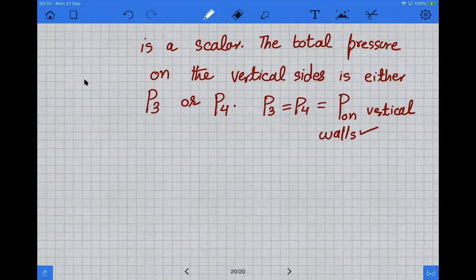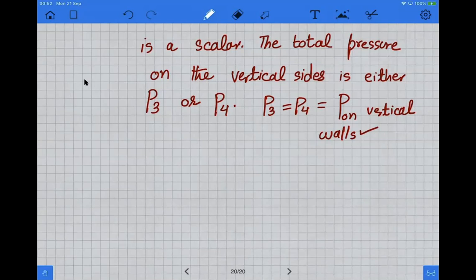P3 and P4, which are acting on the vertical walls, and the pressure that is acting horizontally will be equal, and you can call it P. So total pressure on the vertical walls is P3 or P4, and it will generate a squeezing effect. The cylinder or the box will be deformed or squeezed because of the pressure acting on the vertical walls, and this pressure is acting horizontally.